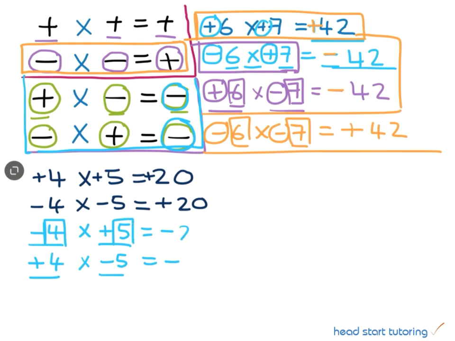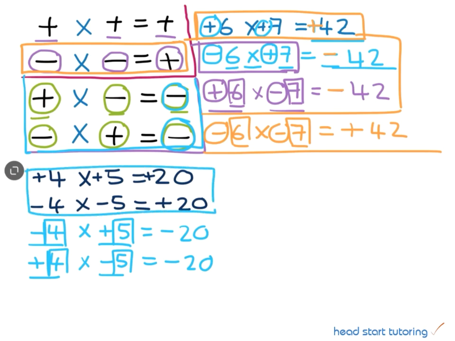So 4 multiplied by 5 is 20, and 4 multiplied by 5 is 20. So when we are multiplying signs that are the same, we end up with a positive answer. And when our signs are different, when we are multiplying a negative by a positive or a positive by a negative, the sign in our answer will be negative. Right, so let's have a look at one more example.